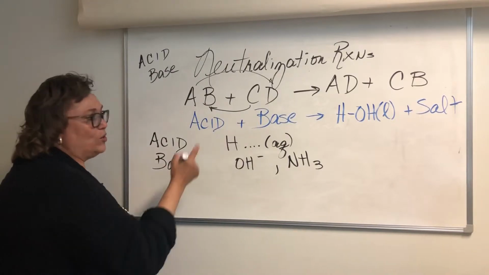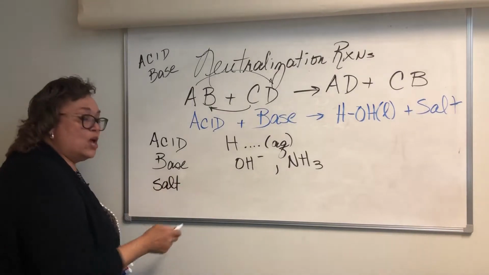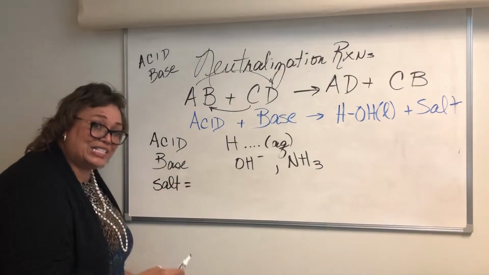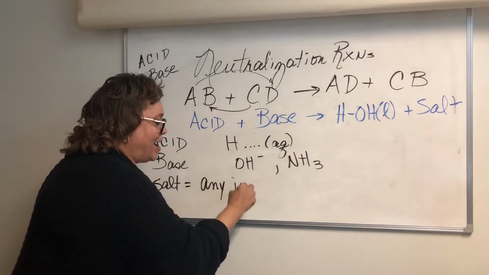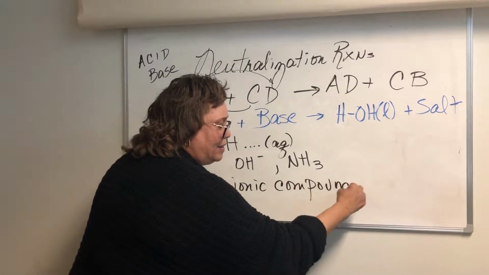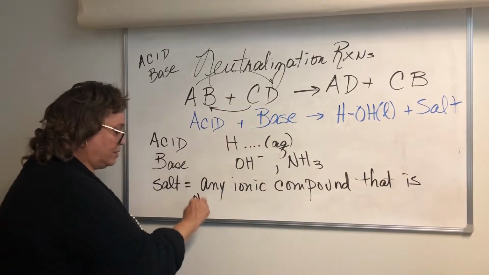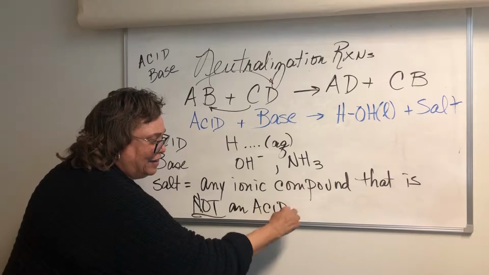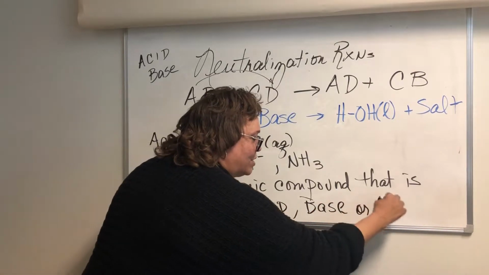Finally, I know you know what water is. Let's talk about this thing, salt. Whenever I say a salt, this is a classification of chemical compounds. It is any ionic compound that is not an acid, base, or oxide.